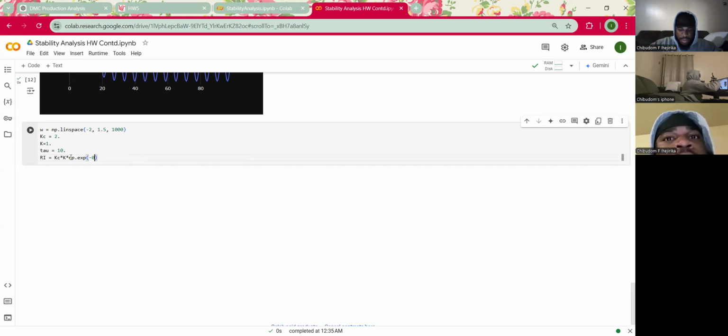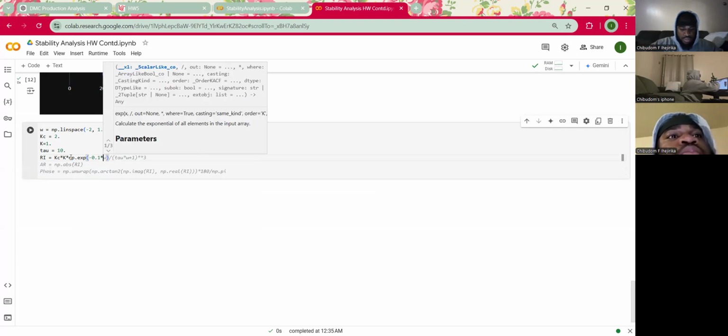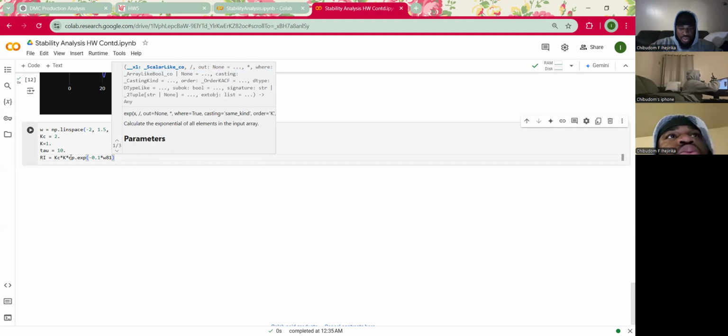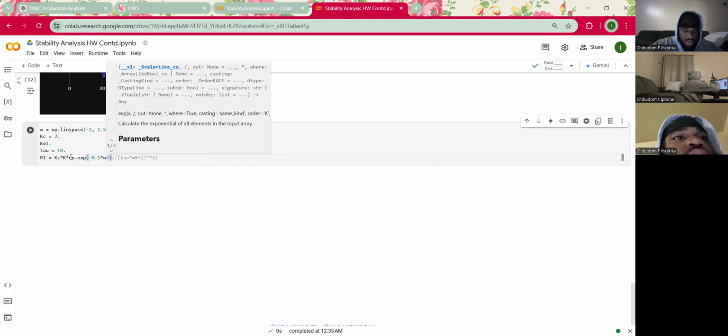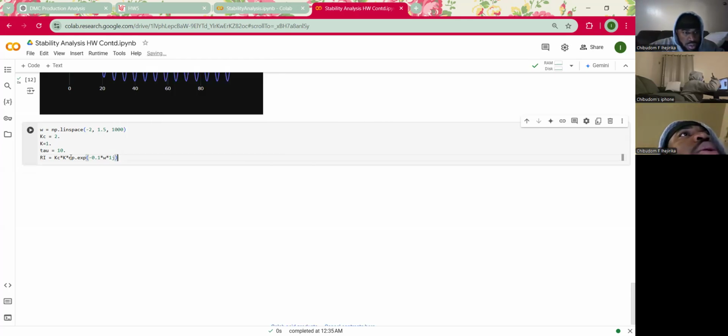So minus 0.1 multiplied by W, as we know, multiplied by the J. That whole thing will now be, because we have no brackets, divided by what we normally use, the tau, I'll put a bracket around that.